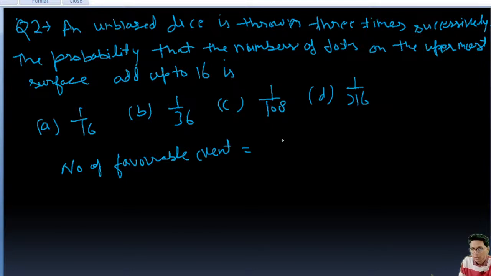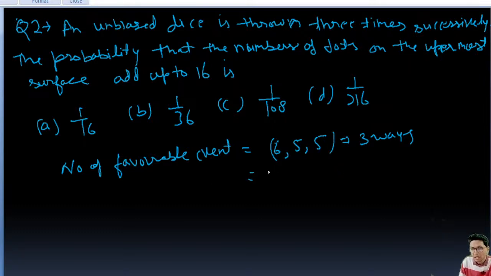What are the possibilities? The sum can be 16 if the numbers are 6, 5 and 5. If one dice shows 6, another 5 and another 5, the sum is 16. And this can happen in 3 ways, because we are throwing the dice 3 times successively.